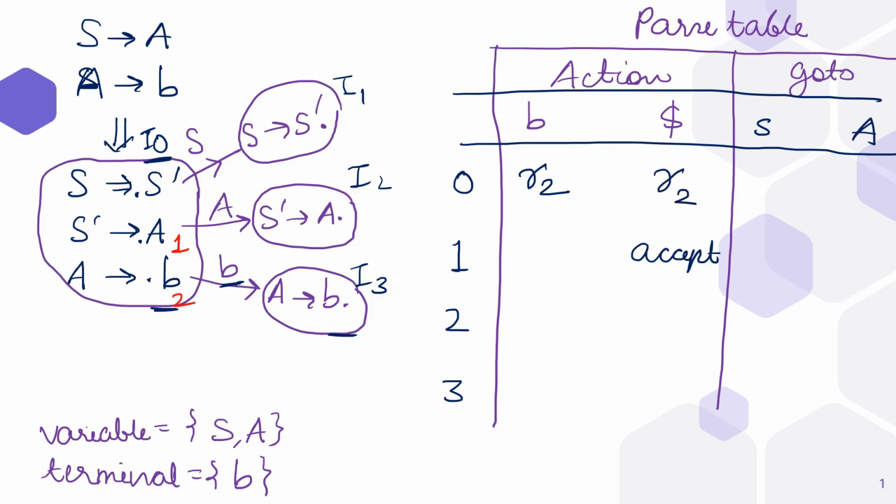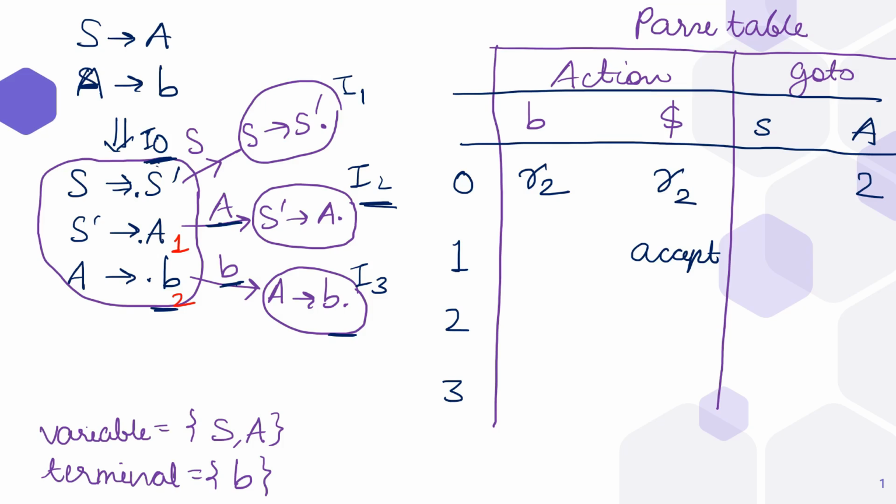Similarly, I0 on reading capital A is moving to I2. That's why we would write 2 here. Now all the shift and reduce moves of I0 are complete.